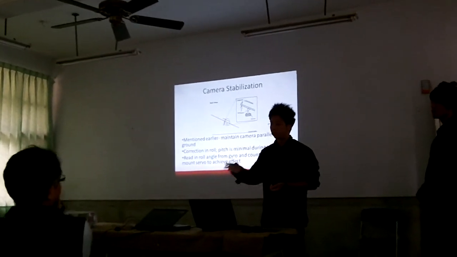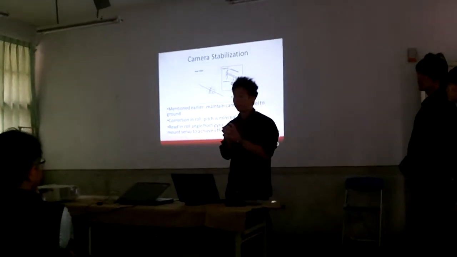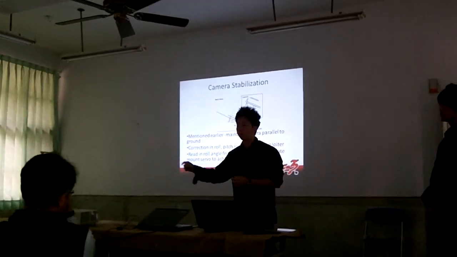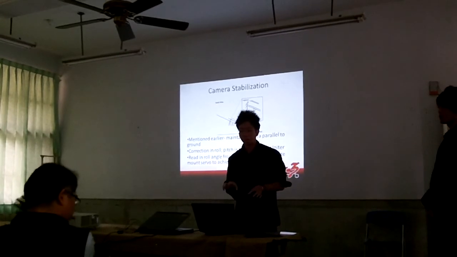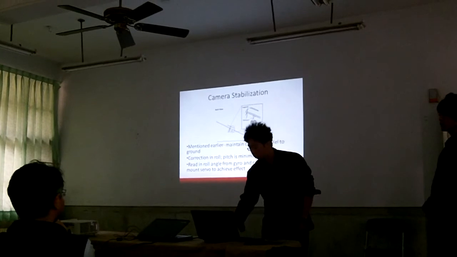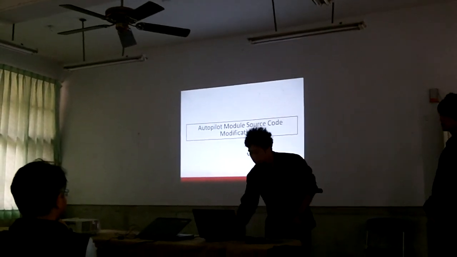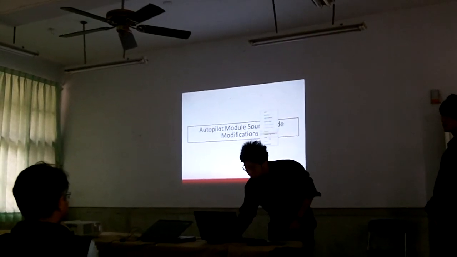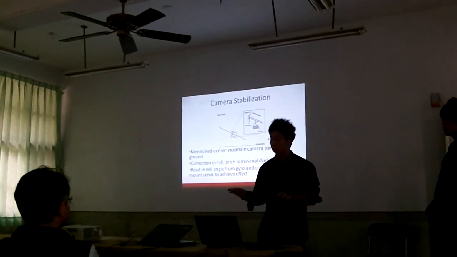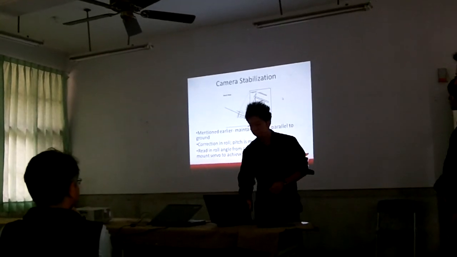So we extract the bank angle at 50 Hz, and from that bank angle, we compensate negatively, and we send the command to the servo that is actuating the camera frame. This is what we do to counter-rotate the mount in order to achieve a stabilized effect.